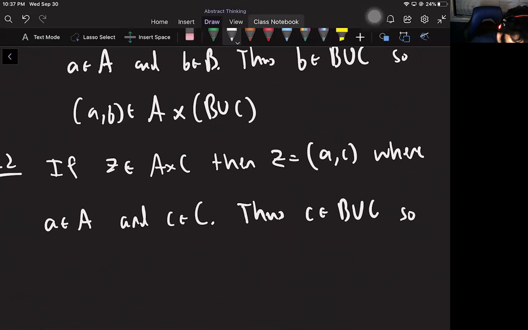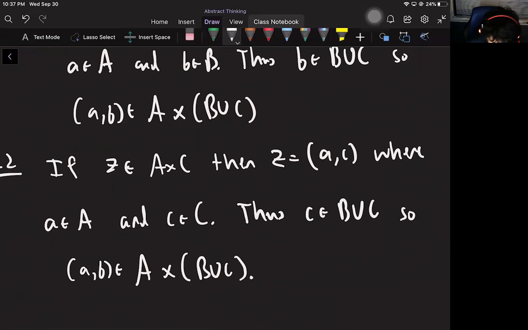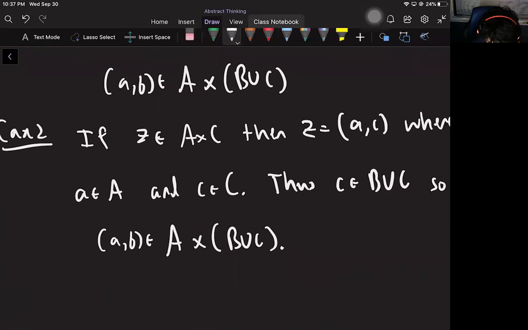So the ordered pair lives in A cross B union C because little a lives in big A, so that gets you your first coordinate. And little c, sorry, I changed the letter, lives in B union C, so that gets you the second coordinate.